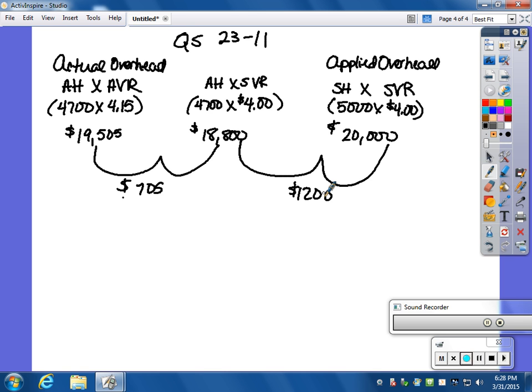How can you say that when the 1,200 is measuring the same thing simultaneously? $4 and $4.